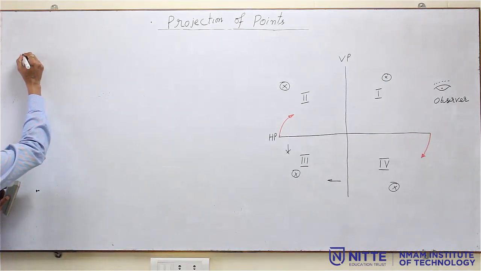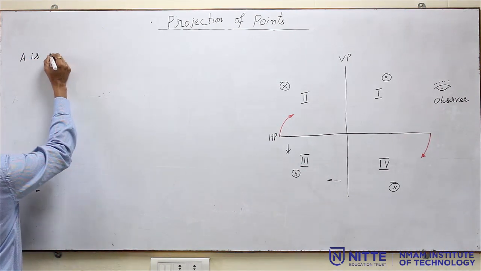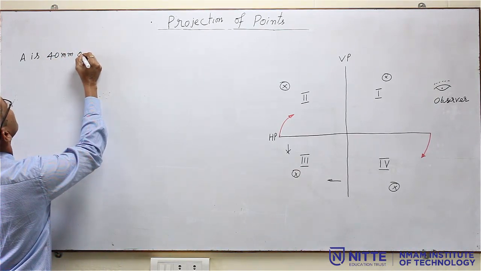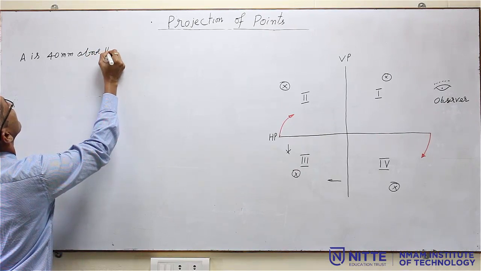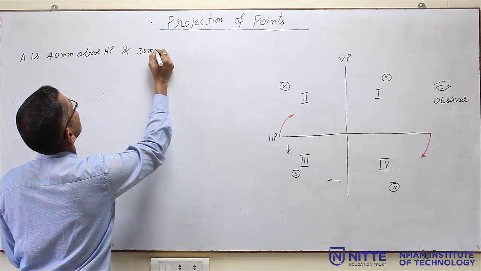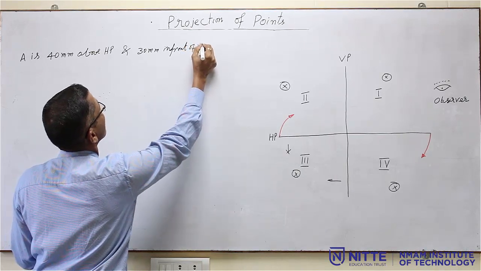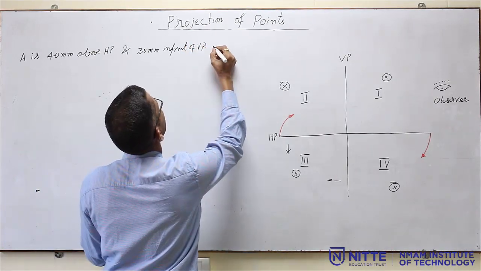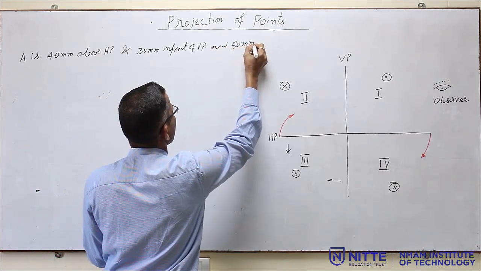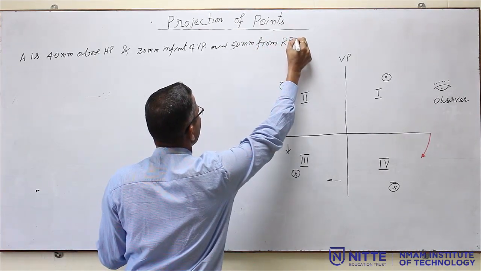I will write here: point A is 40 mm above HP and 30 mm in front of VP, and 50 mm from RPP, right profile plane.